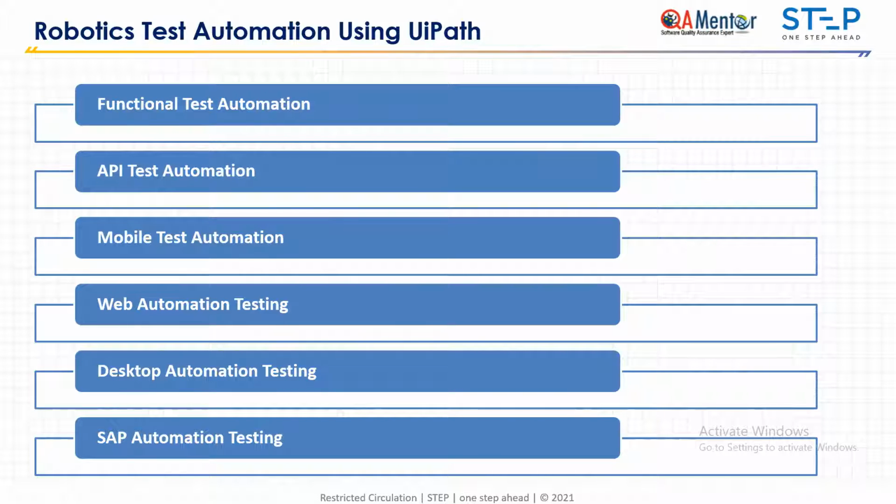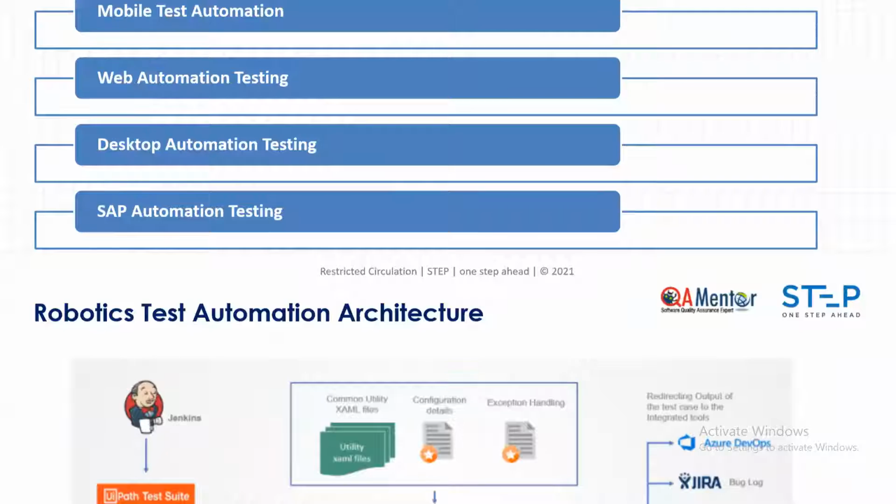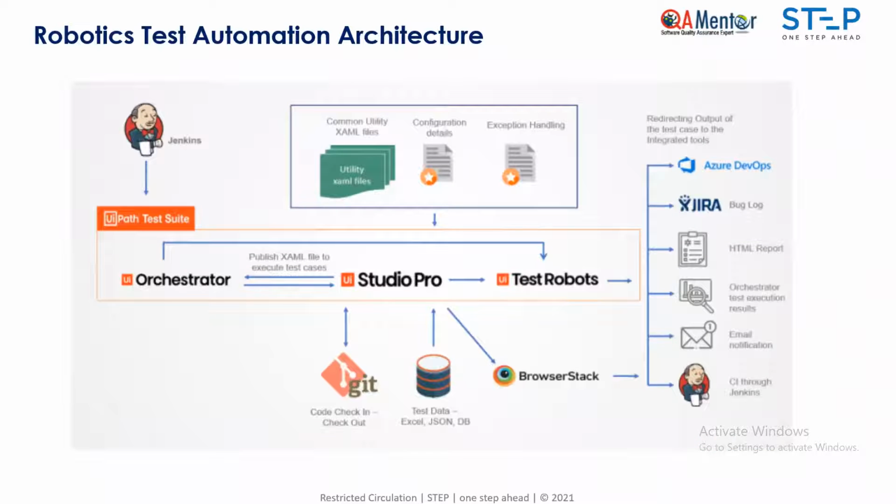So any type of automation testing can be done by using robotic test automation. In one tool, under one roof, all testing functions are encapsulated. You don't have to learn anything else. With one tool you can do any type of automation. That's the beauty of this test automation.